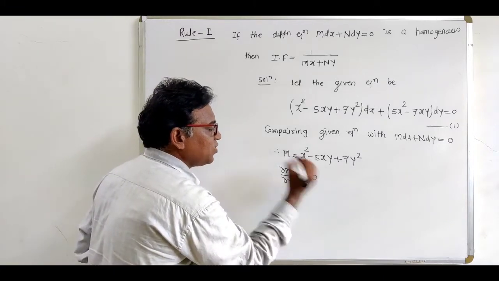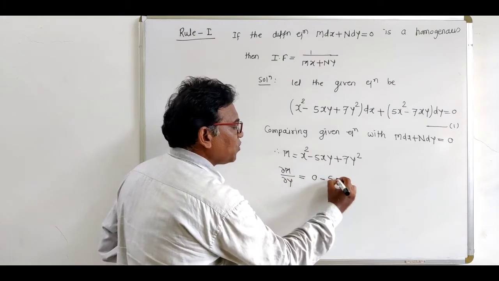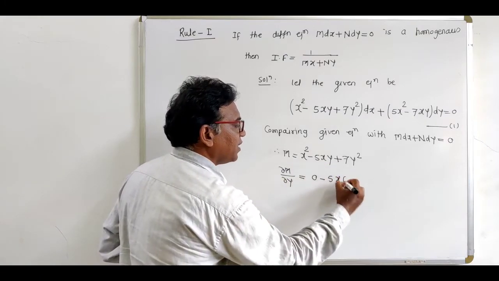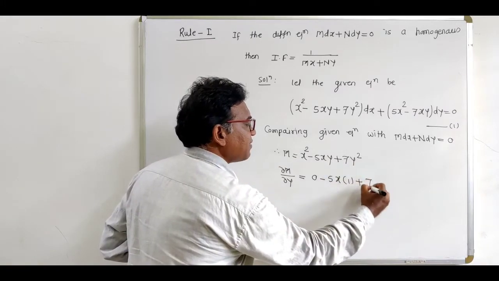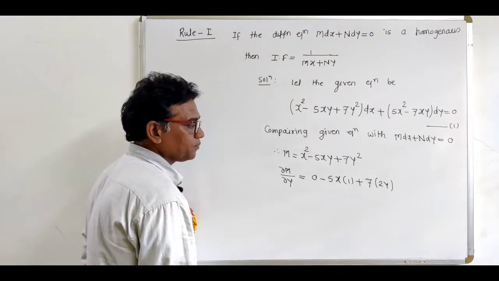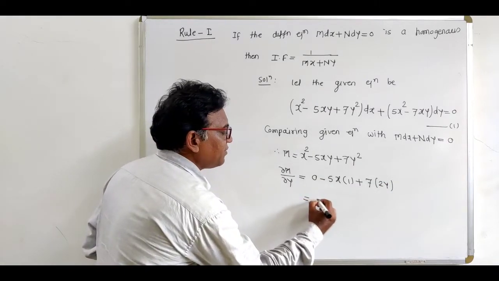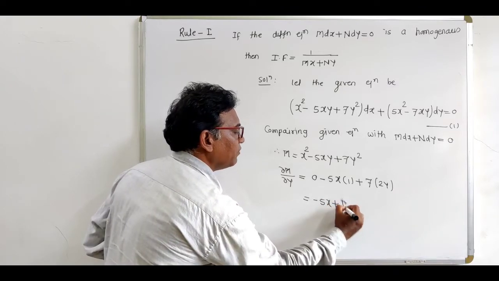Derivative of x square is 0 because it is a constant term, minus 5 constant times derivative of y, which is 1, plus 7 constant times derivative of y square, this is 2y. So this derivative is minus 5x plus 14y.